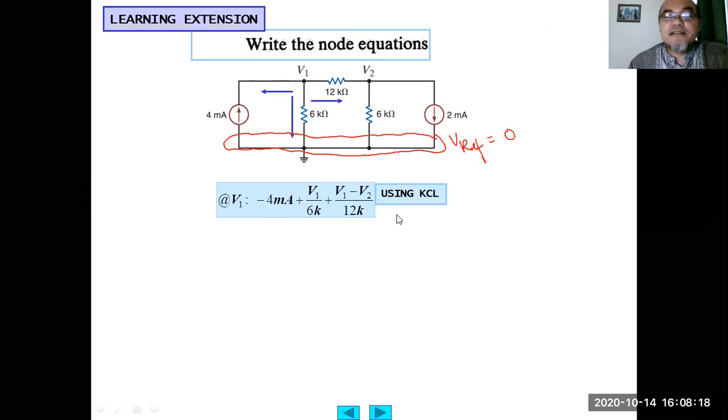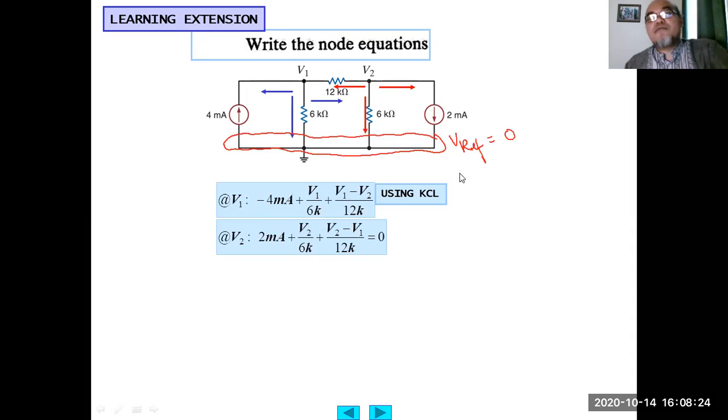This is using KCL, and it equals 0. For node 2, plus 2 milliampere because it is going out, plus (V2 minus 0) divided by 6K, plus (V2 minus V1) divided by 12K equals 0.